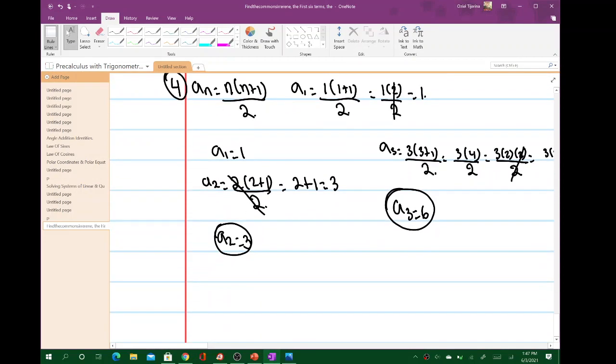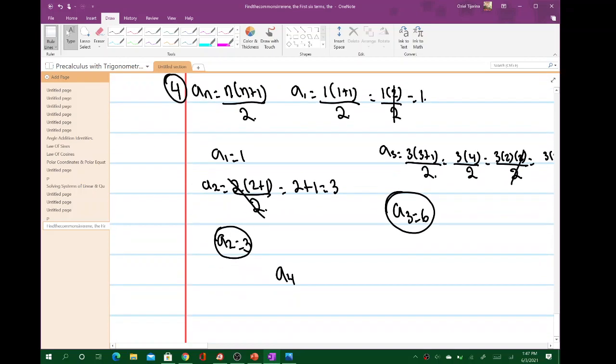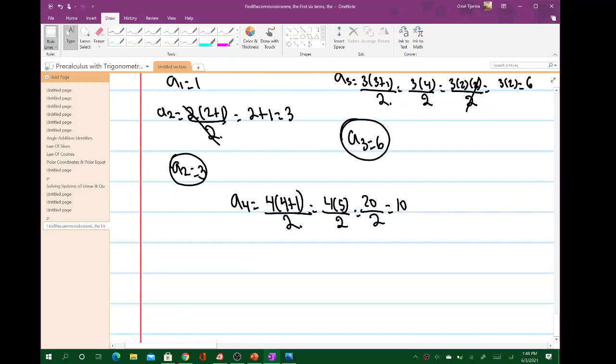Okay, so a sub 4 is going to be 4 times 4 plus 1 over 2, which is 4 times 5 over 2, which is 20 over 2, which is 10. So a sub 4 equals 10.